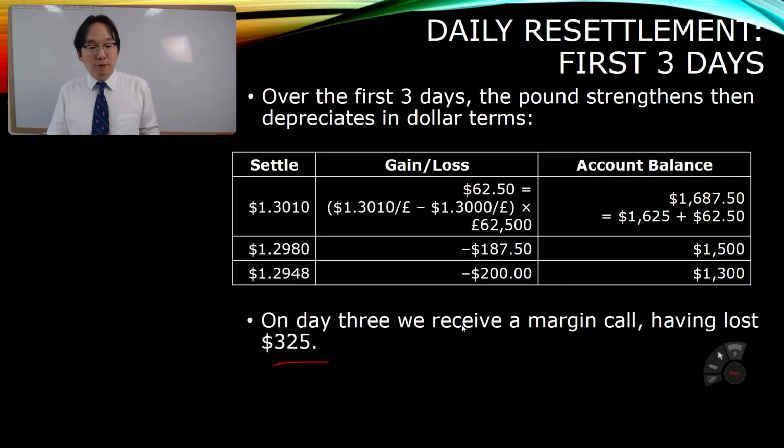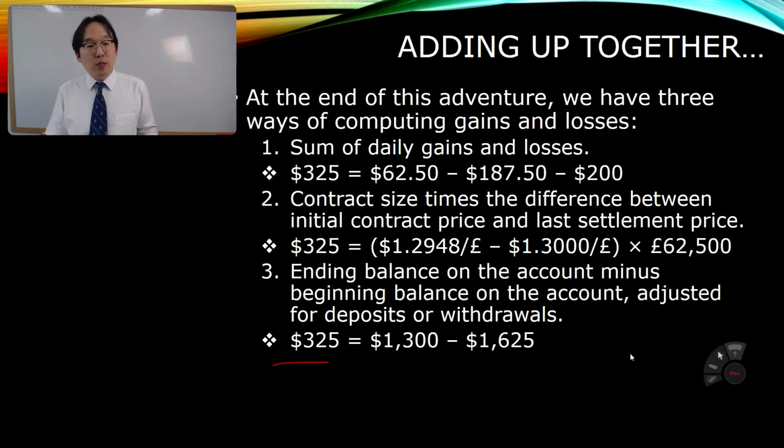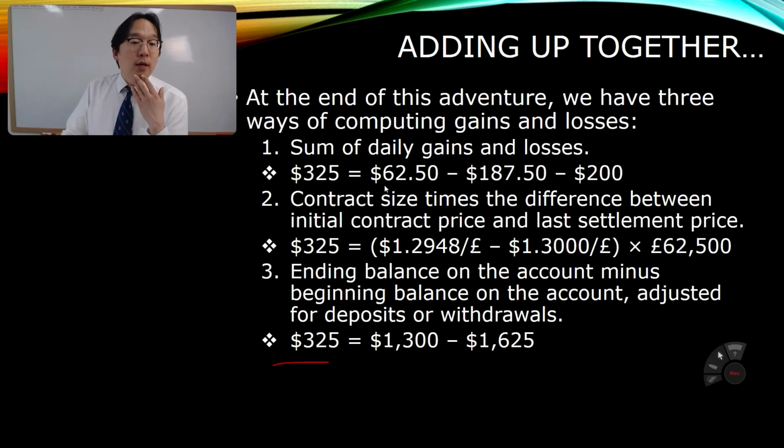How do we come up with this number? The first way: minus 325 is nothing but the sum of daily gains and losses. Day by day, gain or loss, add it up. You will get 325.